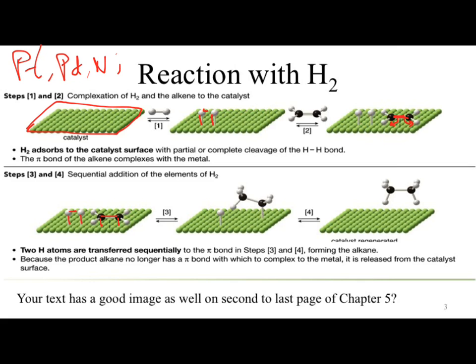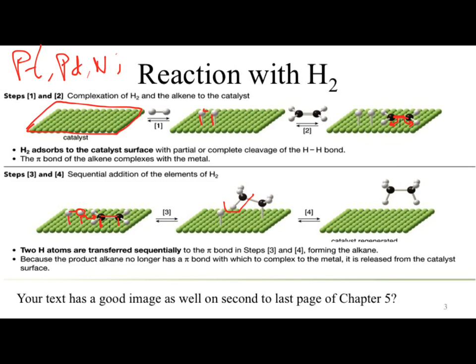The alkene and the hydrogen molecule will float around on that surface until they encounter each other. Okay, and this is where platinum facilitates the transfer of electrons from our hydrogen over to our carbon. At that point, I don't have electrons that I've got coordinated to the platinum surface. So what happens to the carbon and the hydrogen?